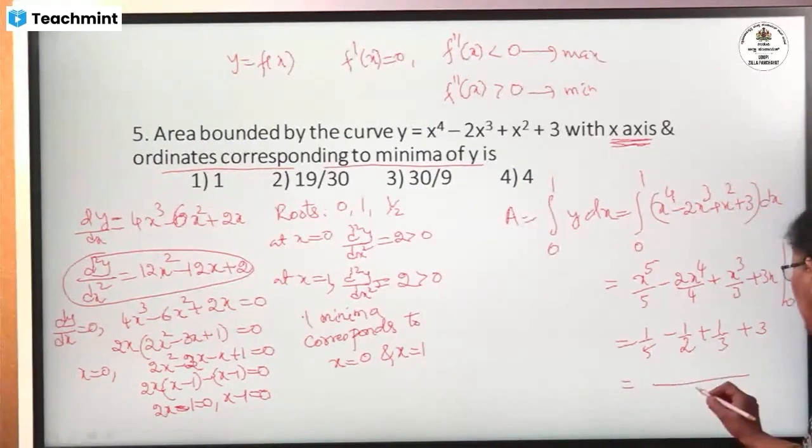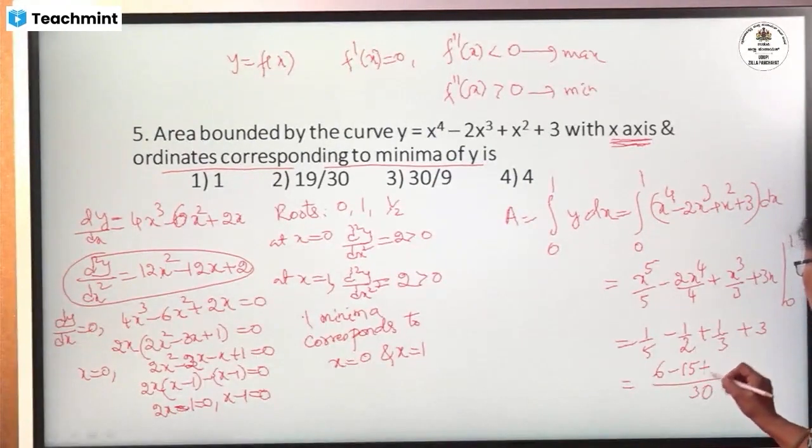The common denominator is 30: 6 minus 15 plus 10 plus 90. Minus 15 plus 10 will be minus 5. 90 minus 5 will be 85. Plus 6 means 91. So the answer is 91 by 30.